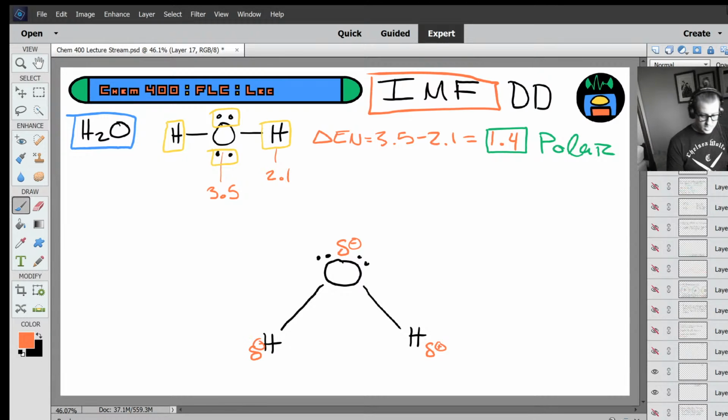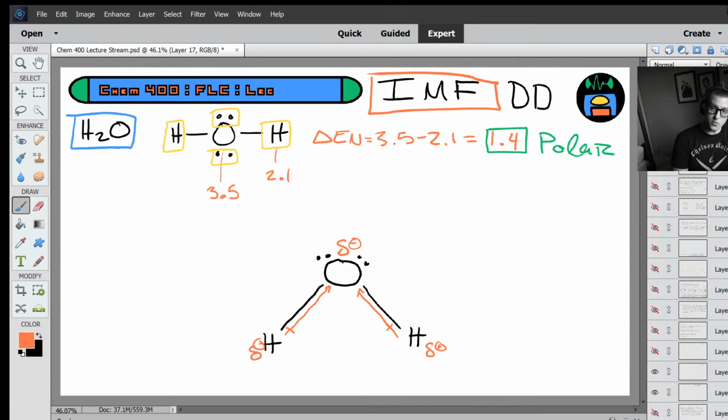And this creates 2 small dipoles along the bonds, all right? With the arrow pointing towards the oxygen and the plus sign towards the hydrogen, because it's partially negative on oxygen, partially positive on hydrogen.